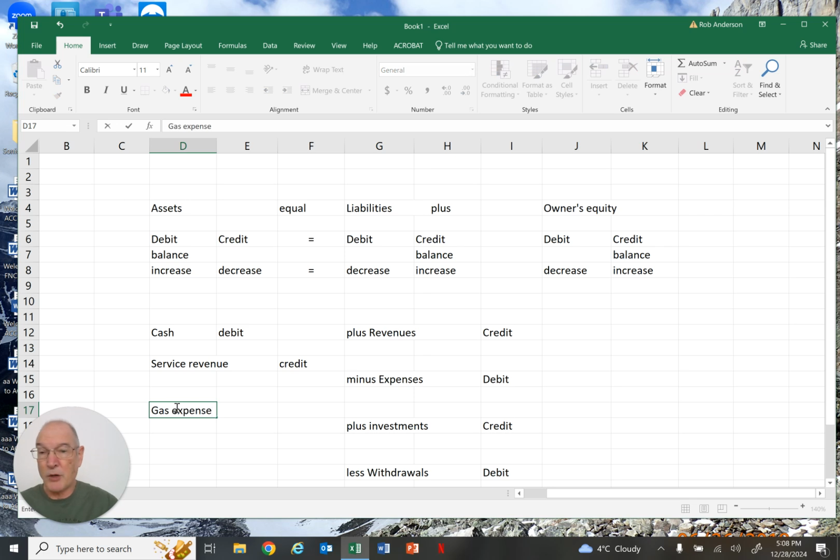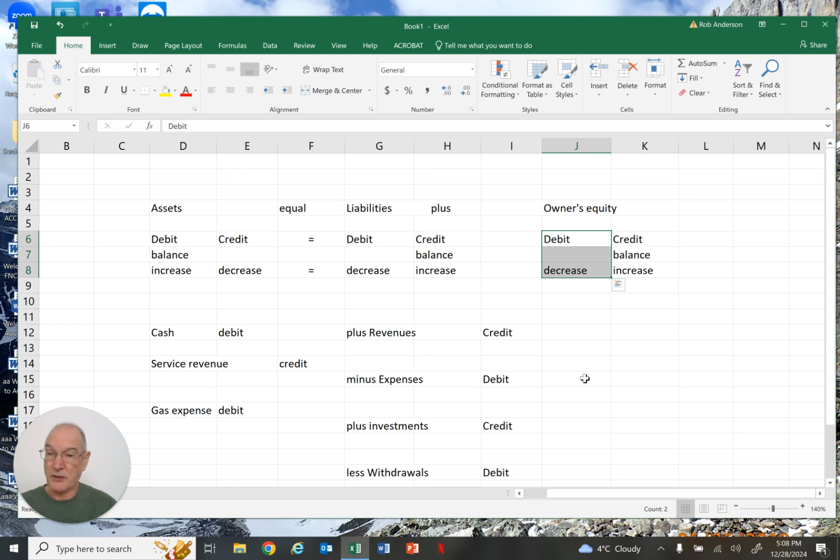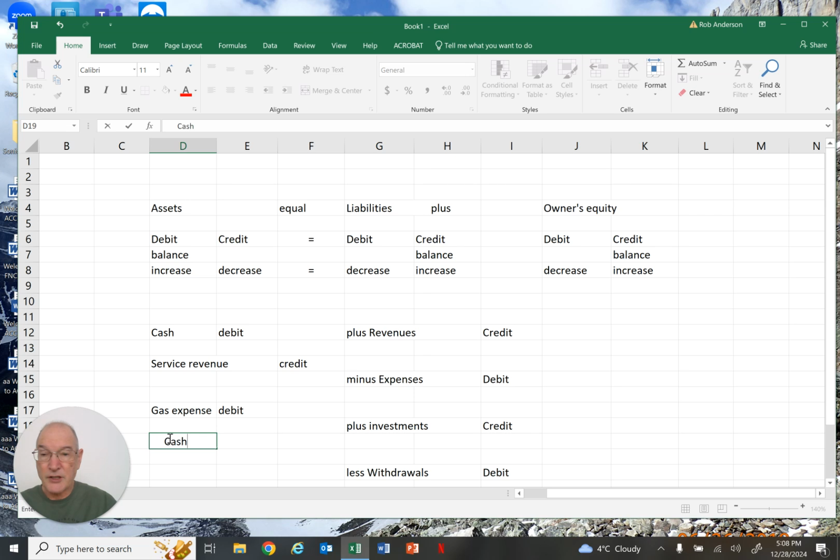There's probably a better word, but we'll just call it gas expense. We're going to debit gas expense for the $100. And notice that the expense is a debit because it causes owner's equity to go down. Now, we're paying for it with cash. So my cash goes down and an asset decreasing is a credit.